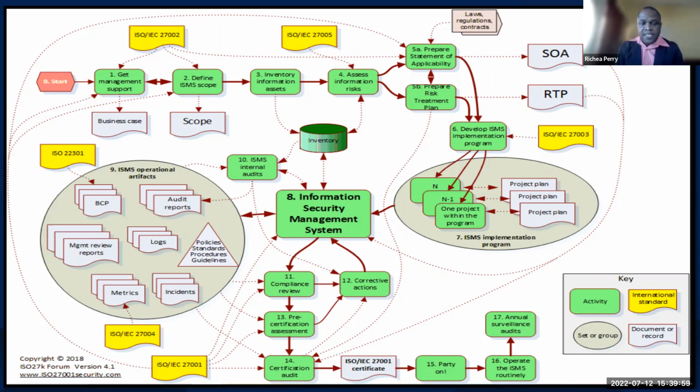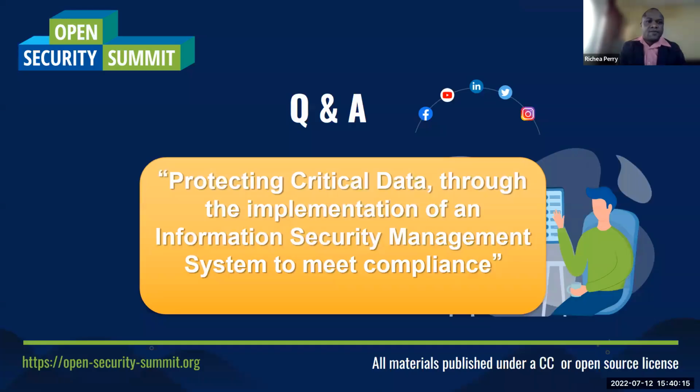So there we have it in a nutshell, the implementation of an information security management system to protect critical data within an organization, right? So protecting critical data through the implementation of an information security management system to meet compliance.